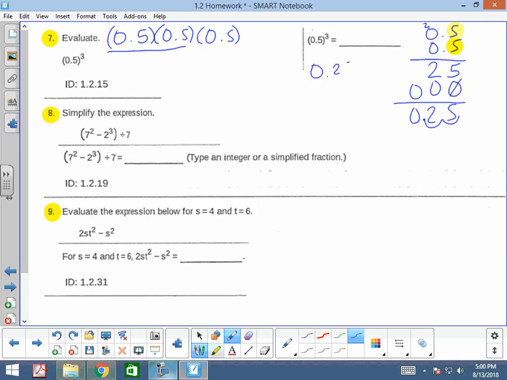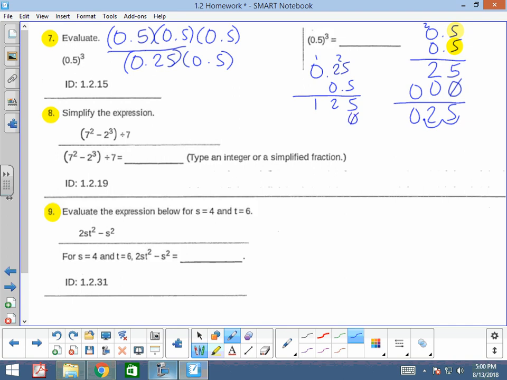Now, I'm going to move over here. I'm going to take 0.25 and multiply it by 0.5. So when we multiply, we line up the numbers, not the decimals. So 5 times 5 is 25. 5 times 2 is 10, plus 2 will be 12. Carry my 1. 5 times 0 plus 1 will be 1.